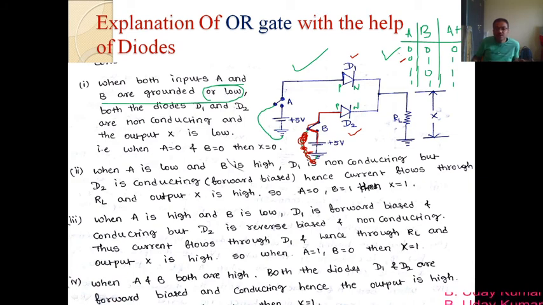Okay, so please check it out. When A is 0, D1 is reverse biased, and when B is 1, D2 is in forward bias connection. D1 becomes non-conducting because it is in reverse bias condition, but D2 will be conducting because it is in forward bias connection.